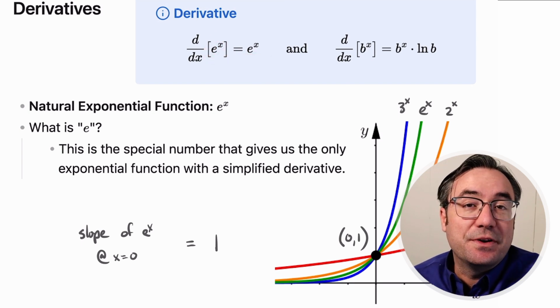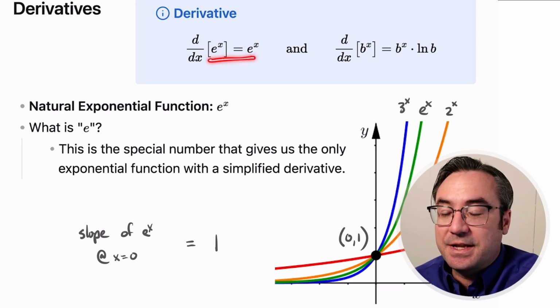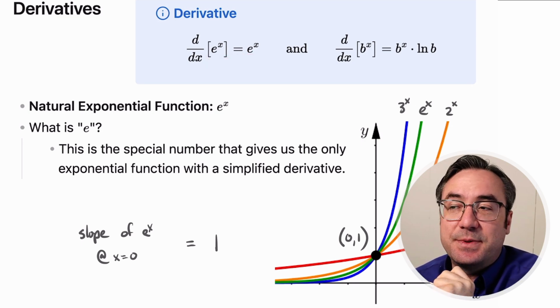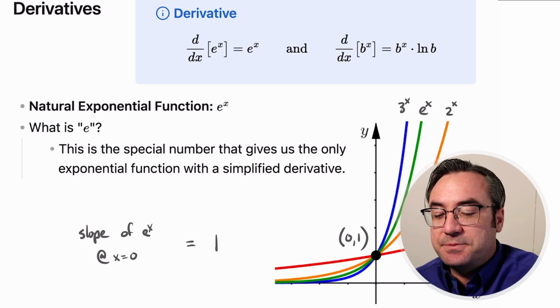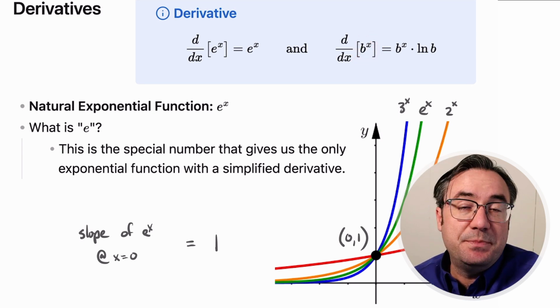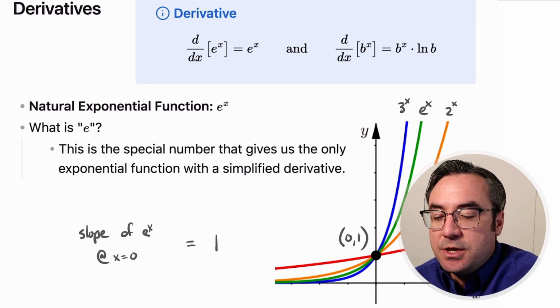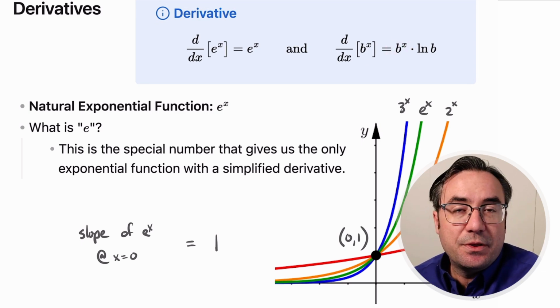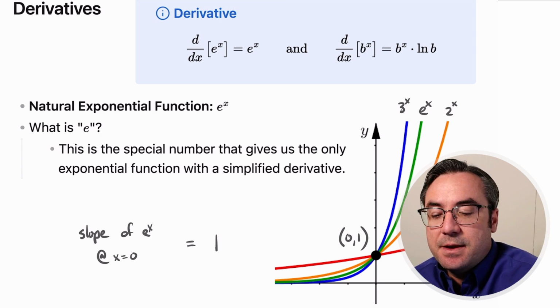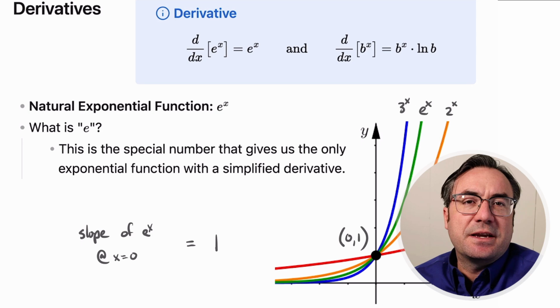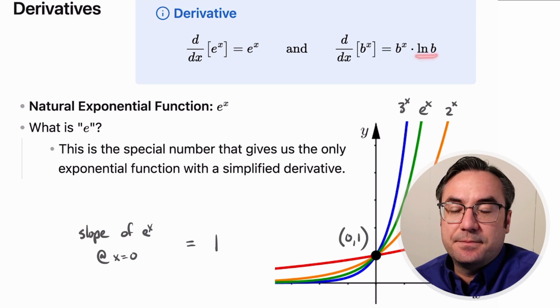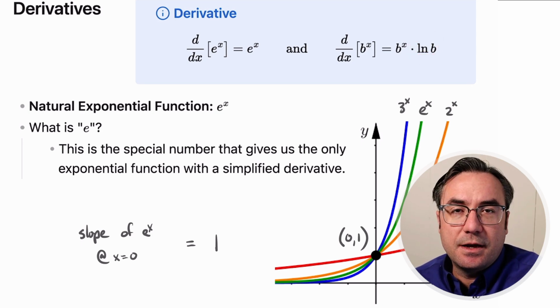It's its own derivative. So that's a very unique property for this exponential function. Now for other exponential functions, so if it's generally just b raised to the x, you end up with the exponential function, but then you have this correcting factor, natural log b. And we'll be talking about natural log later on.